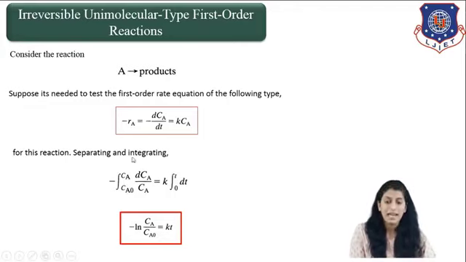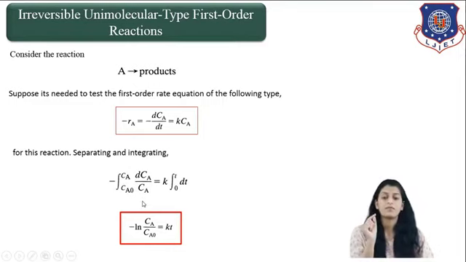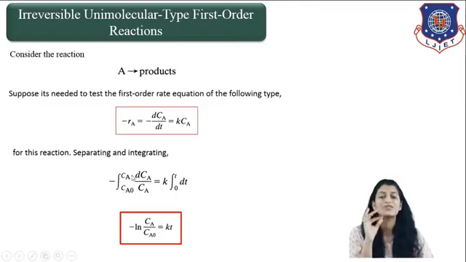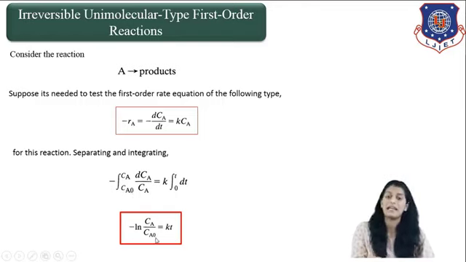Now once you apply the limit and integrate it, we know that the integral of dCA by CA is minus ln CA, right? Once you apply the limit, it is converted into minus ln CA by CA0.